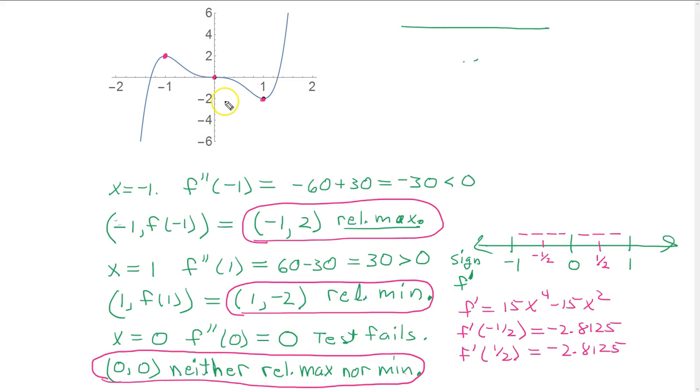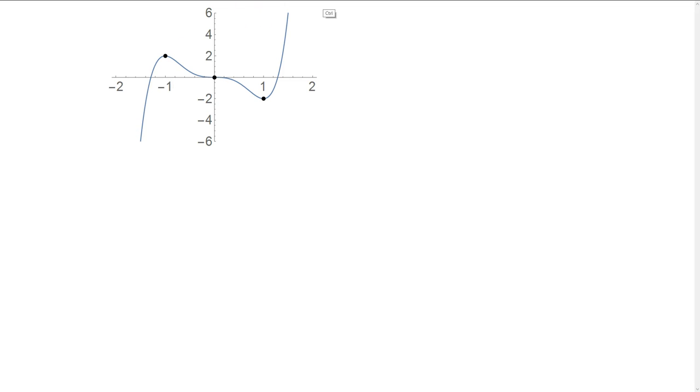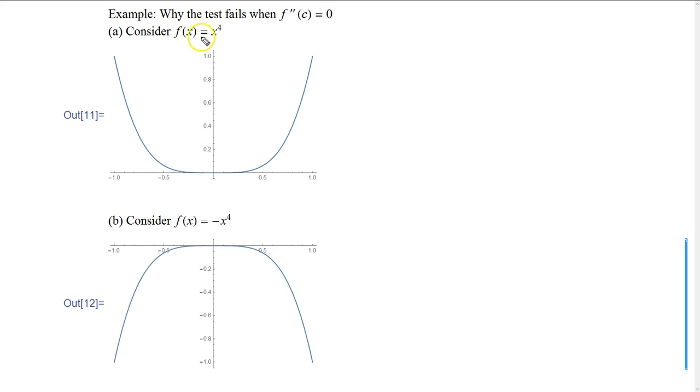Let's take a look at an example that illustrates why the test fails when the second derivative is equal to 0. For this example, we're going to consider two functions, f of x equals x to the fourth and negative x to the fourth power.